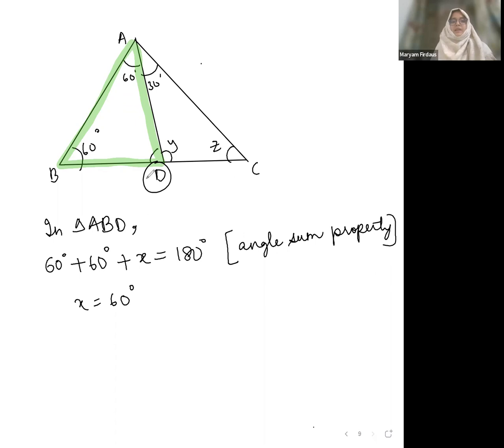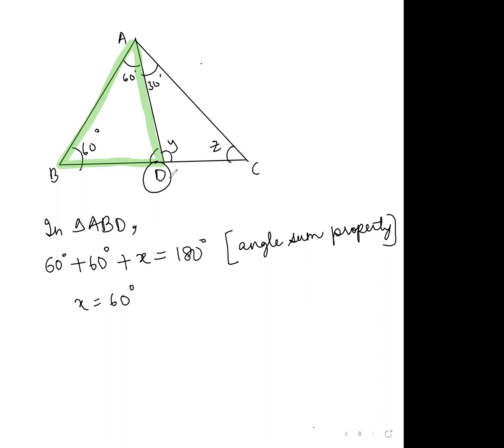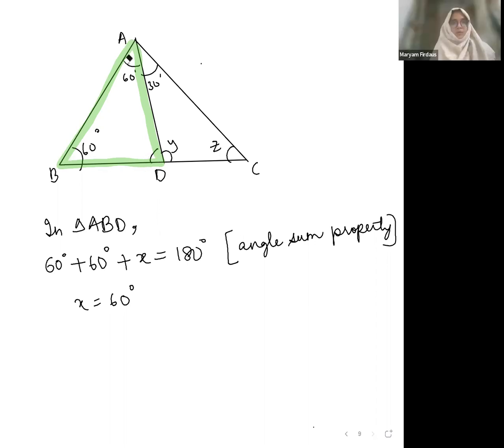So we will just write it as D. Even if they've not written it, it's up to you. There's no problem if you give a name to a point which exists. Okay, understood. So this will be 60.